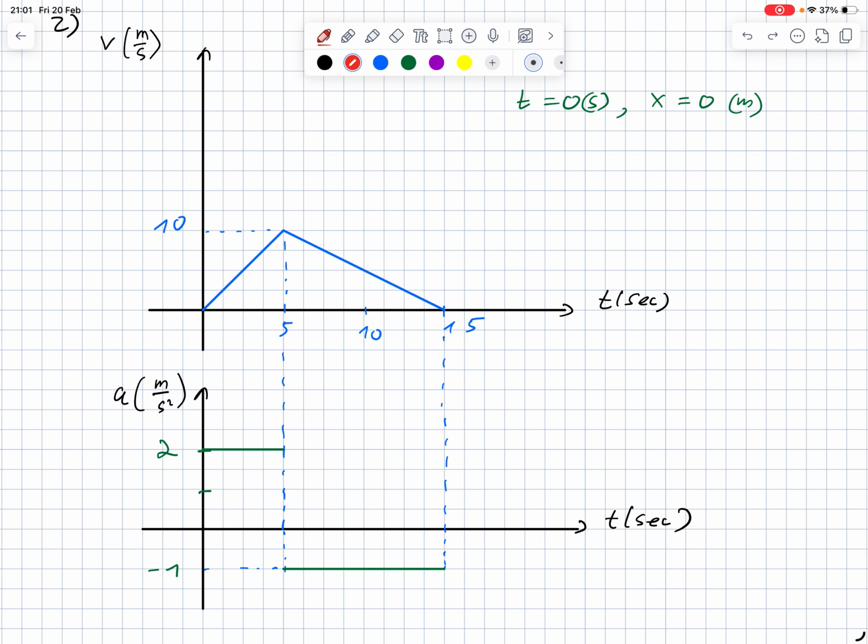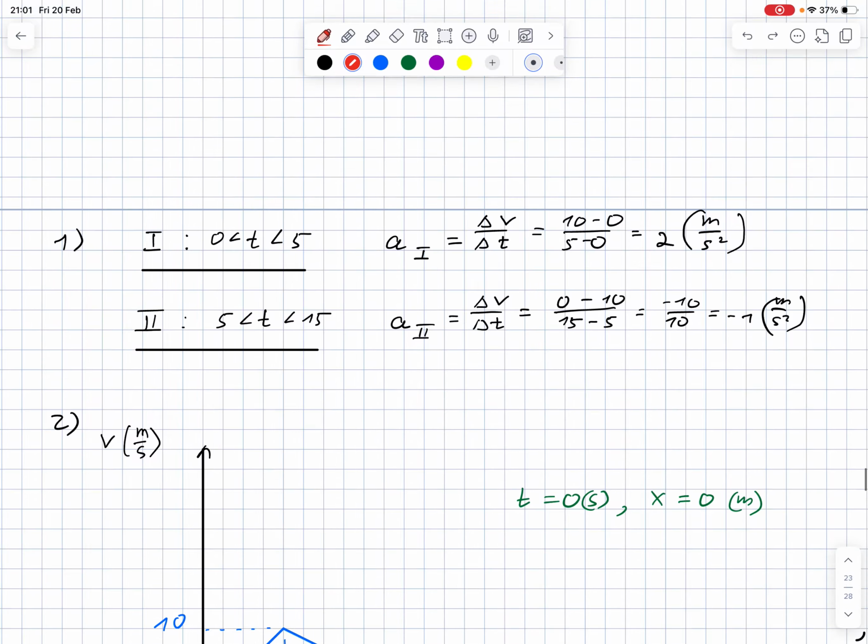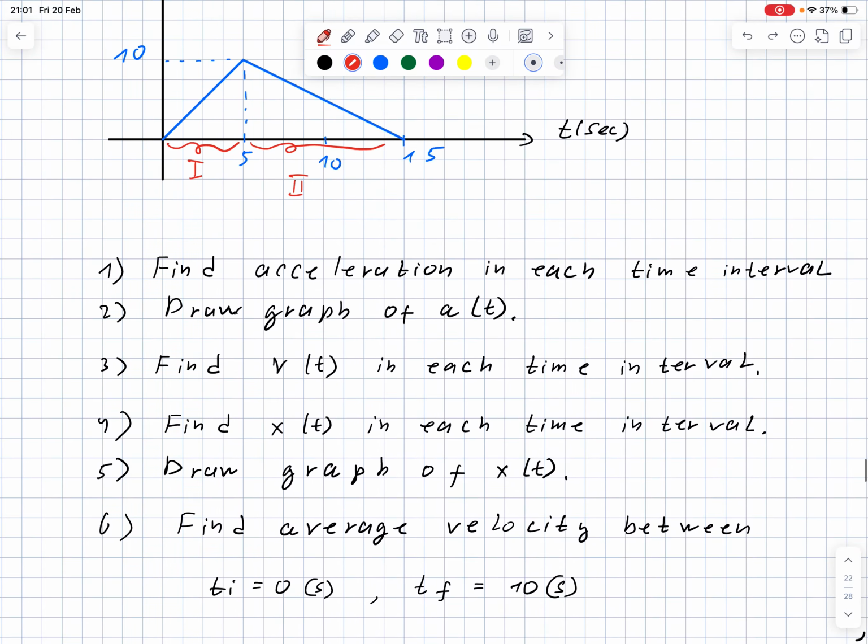When we look at the second time interval between 5 and 15 seconds, we calculated that the acceleration is minus 1 meters per second squared, and also constant for this segment. It looks like steps. This is the solution for part 2.